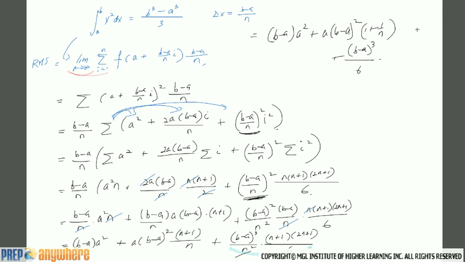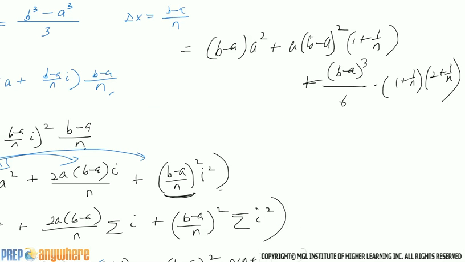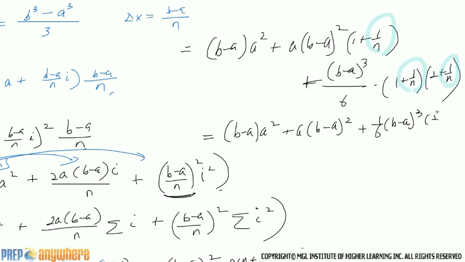Divide n here and in here, we get like that. So as n approaches infinity, that's going to be 0, that's going to be 0, and that's going to be 0, right? Okay, so we get this as n approaches infinity.